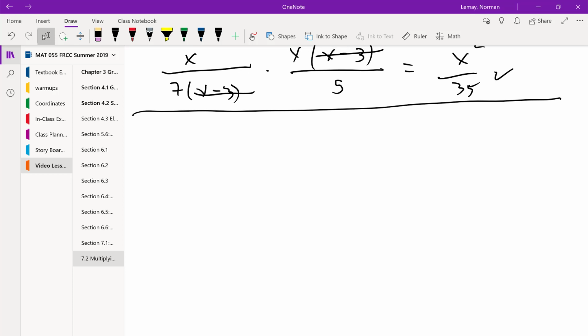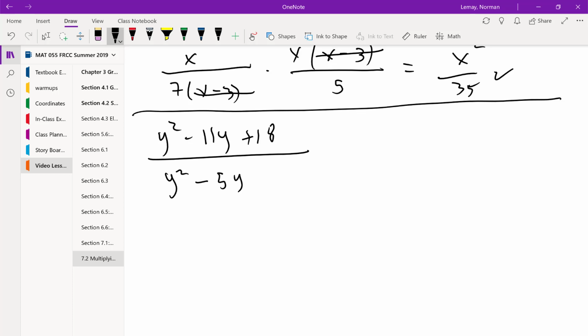So the product of those two rationals boils down to that. Okay, so let's take a look at y squared minus 11y plus 18 divided by y squared minus 5y minus 36, times y plus 4 divided by y.